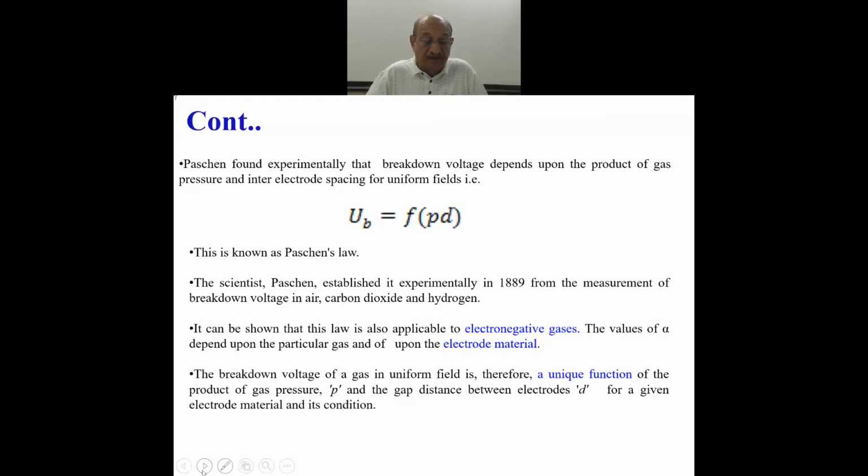The scientist Paschen established this experimentally way back. Can you imagine? In 1889, from the measurement of breakdown voltage in air, carbon dioxide as well as hydrogen, not just atmospheric air.